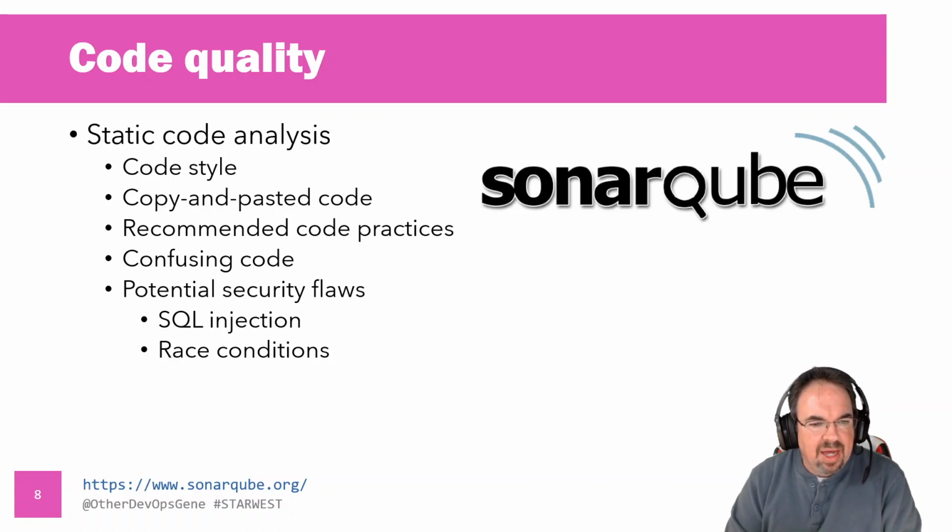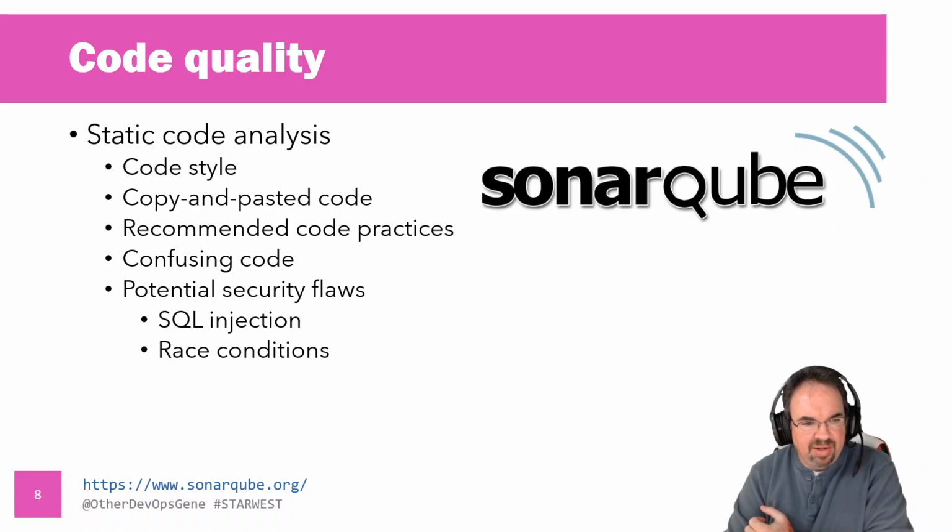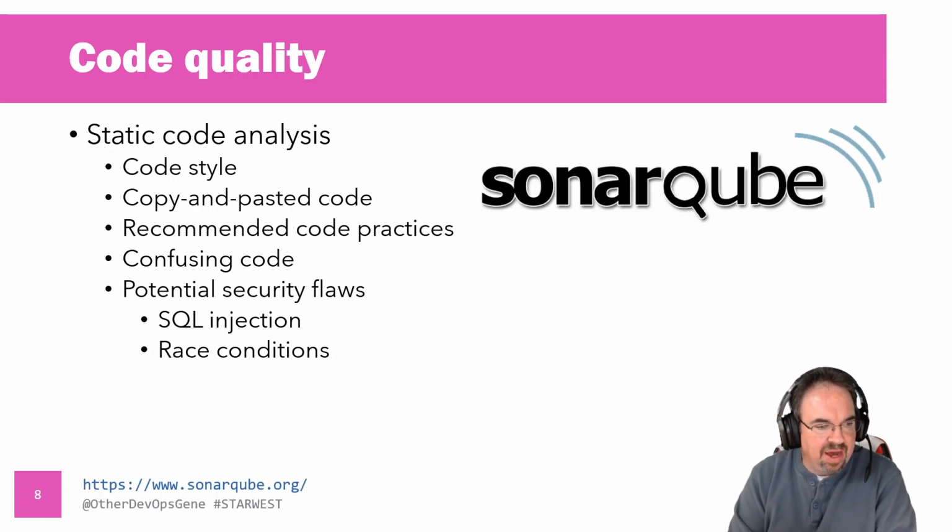Long methods. The other thing, it actually will check for some simple security flaws. Some of the most simple types of SQL injection can be found very straightforwardly by a tool like SonarQube or the analyzers it runs underneath the covers, just looking for a string concatenation, right? And it can pick up those. One other thing that it's really good at doing that dynamic analysis is not good at looking at is race conditions, right?